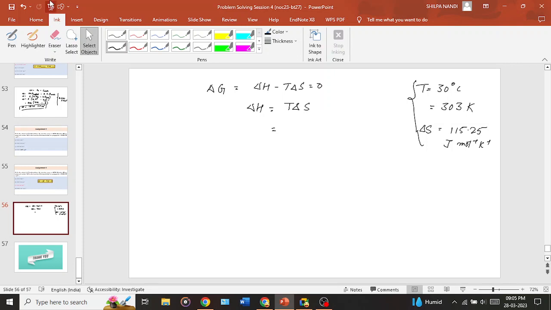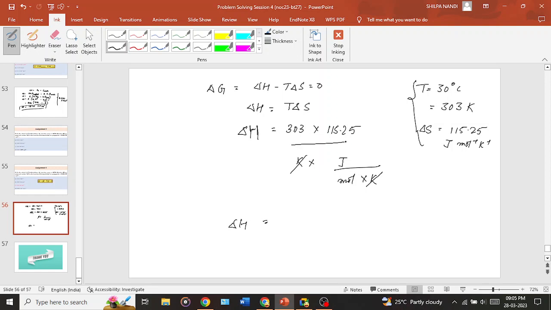So if you solve this, delta H will come as, how much is T? T is 303 multiplied by 115.25. T here is in Kelvin and your delta S is in joule per mole per Kelvin, right? So K and K will cancel out.